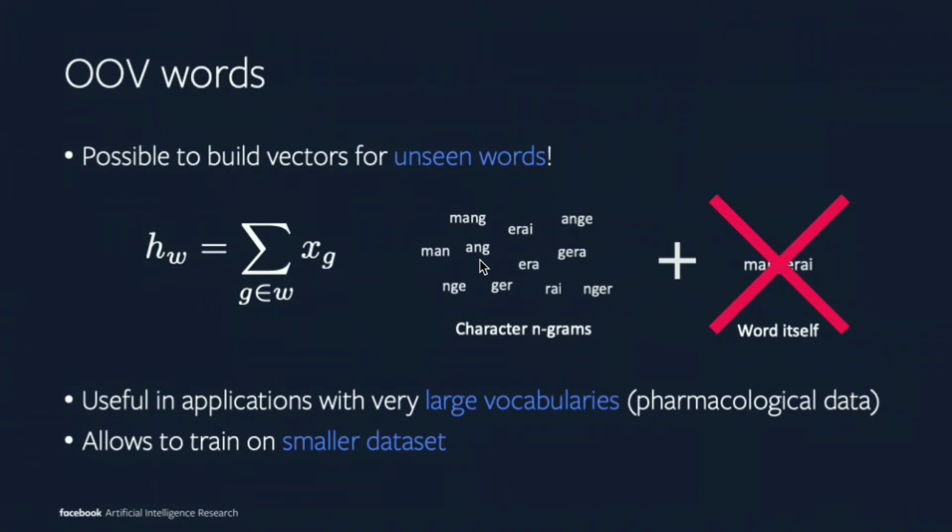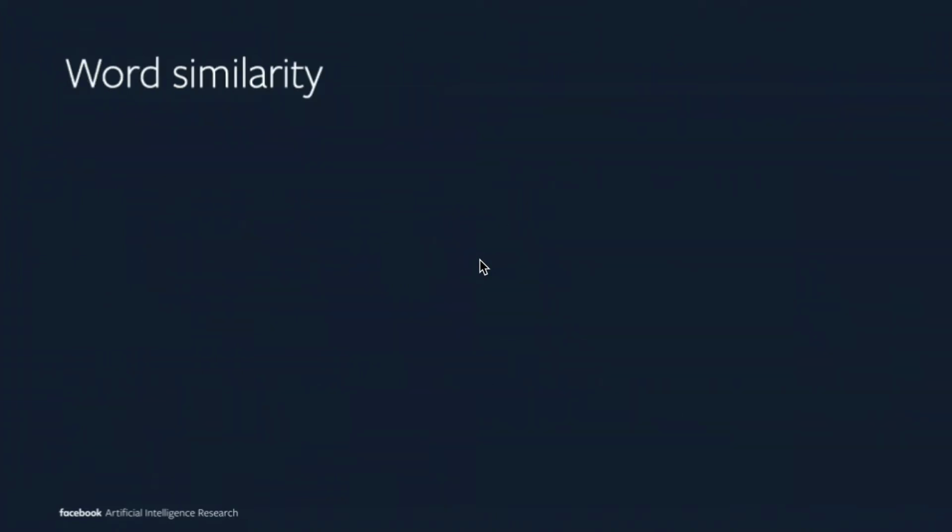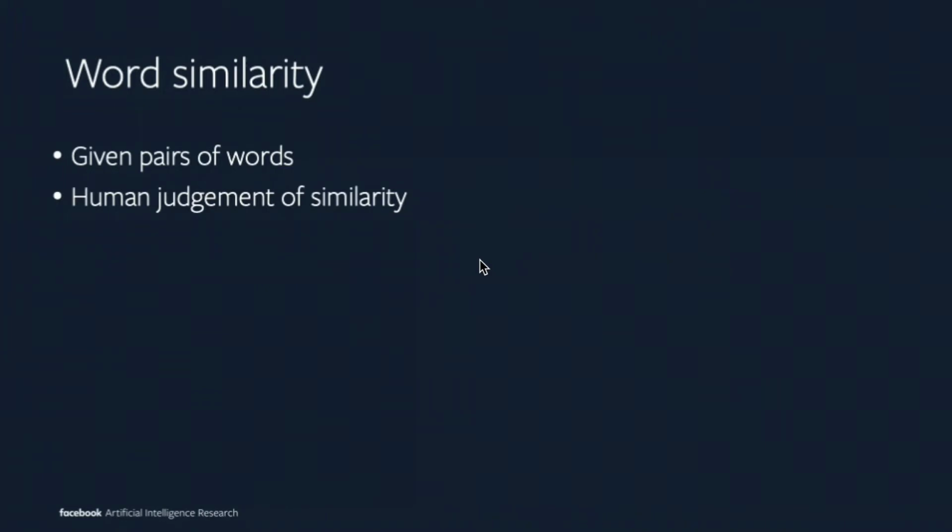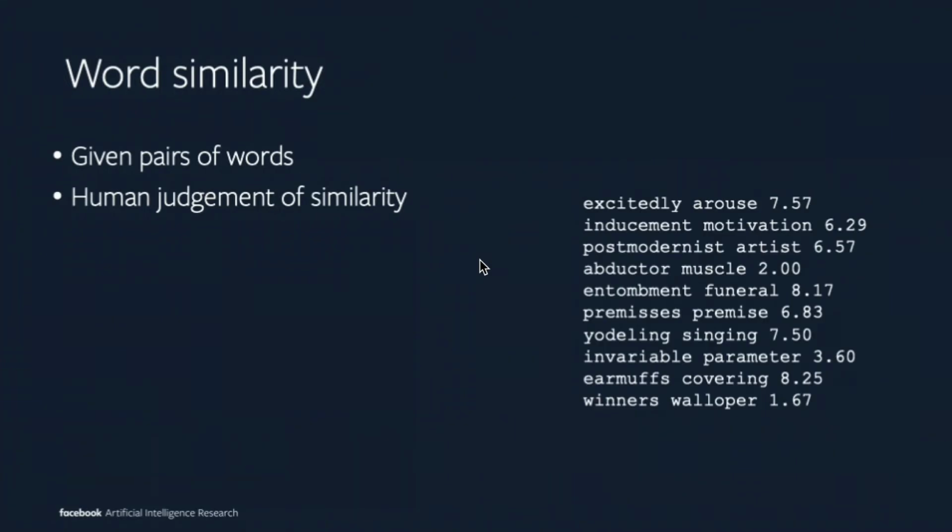This model, we evaluated in two ways, which are intrinsic evaluations. The first one is word similarity. Given pairs of words, you show them to people, and these people give you a judgment of similarity. You do that 10 times for 10 different judges. Here I just give you a few examples.